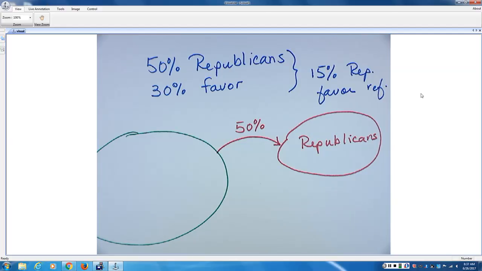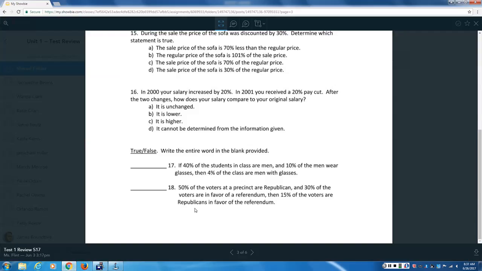And then it says, "30% of the voters total are in favor of the referendum."